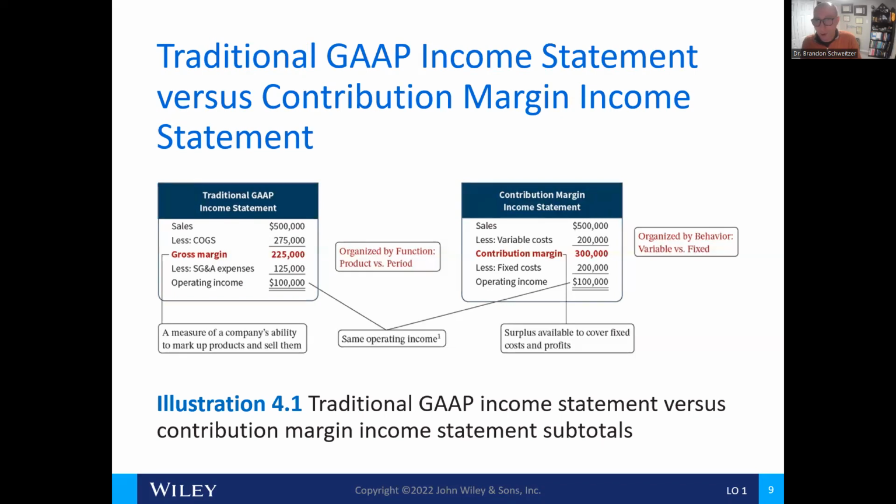We can break this down further to identify the contribution margin. Sales minus variable costs equals the contribution margin, less fixed costs, equals the operating income.